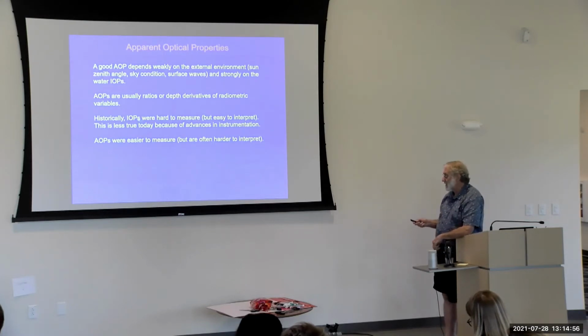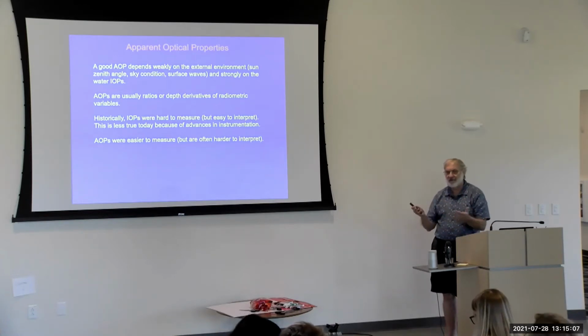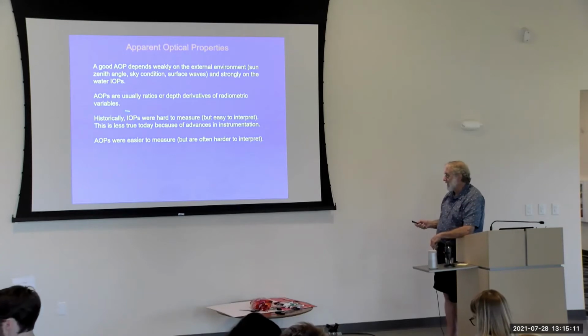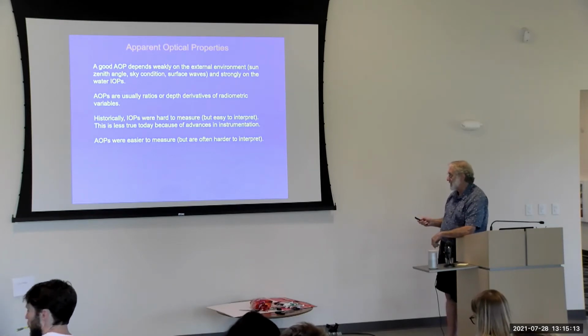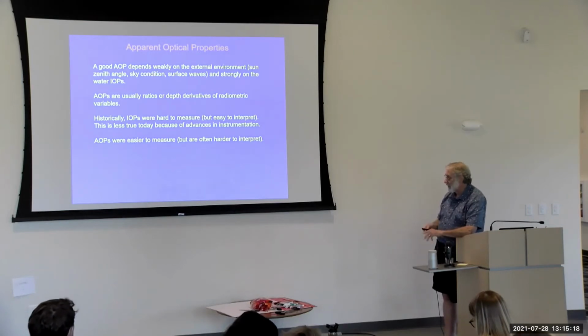And historically, before the days of ACSs and things like that, it was really hard to measure IOPs, but they're easy to interpret. You give me the absorption coefficient, I understand what that is. This is less true today because we now have instruments for making IOP measurements. But in the old days, the AOPs were easier to measure.